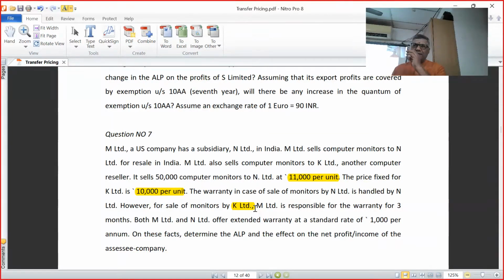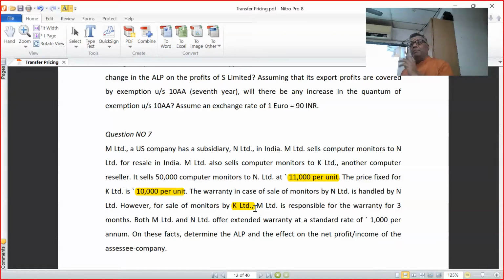Okay, if I sell for K Limited, who is responsible? M Limited. If I sell for N Limited, N Limited. So for K Limited, I have sold for 10,000. So K Limited is the importing party. They have imported the monitors for 10,000.